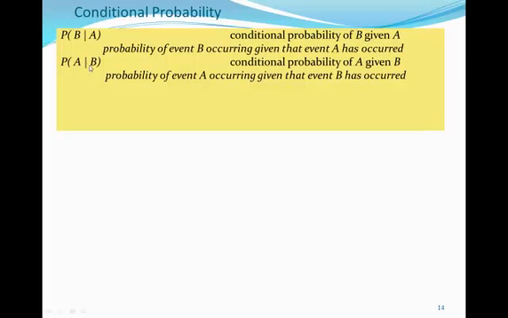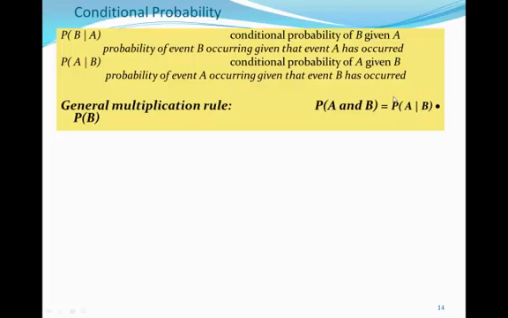The probability of A given B is the probability of event A occurring given that event B has occurred. These two notations are completely different, so we've got to be careful about this. The general multiplication rule is: the probability of A and B equals the probability of A given B times the probability of B.